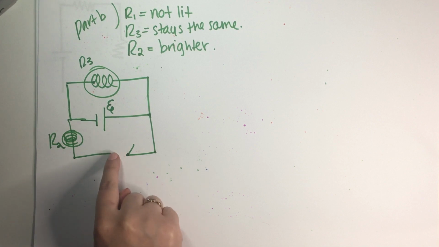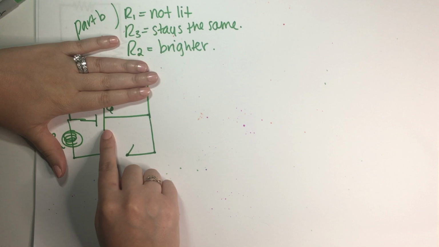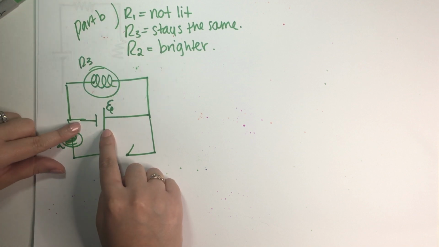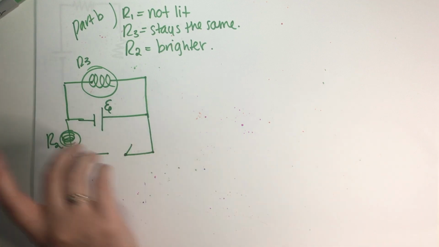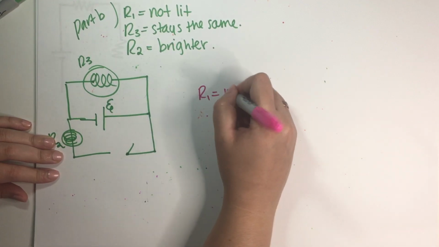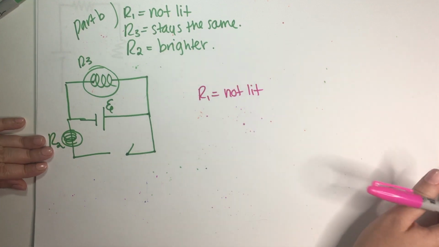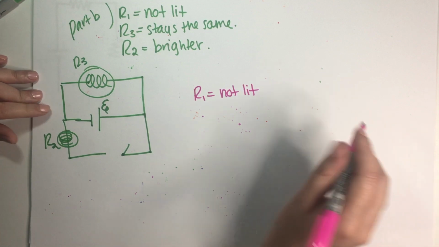So once this light bulb burns out, the current is not going to be able to flow through this branch at all. So that means, first of all, R1 is broken, so R1 is not lit at all. Obviously, if you burn out, you're out of business.